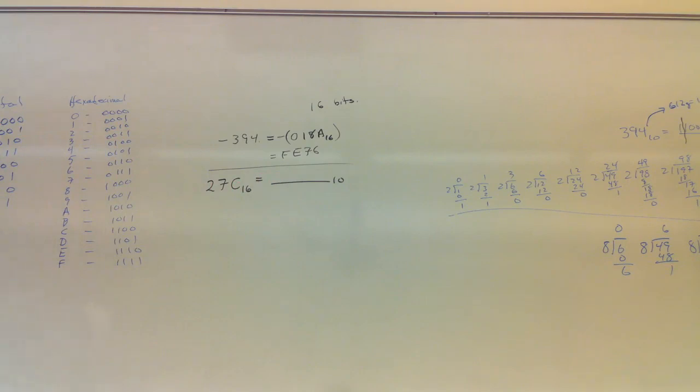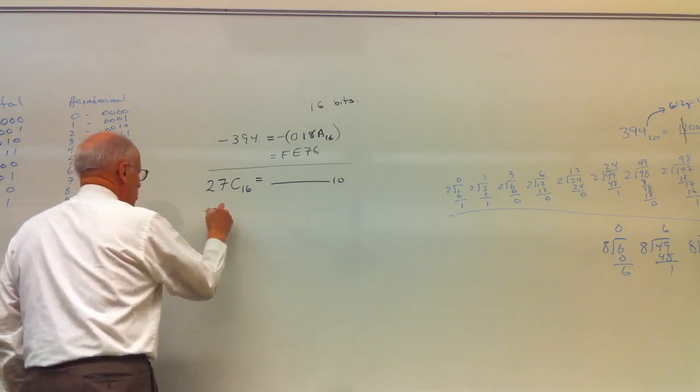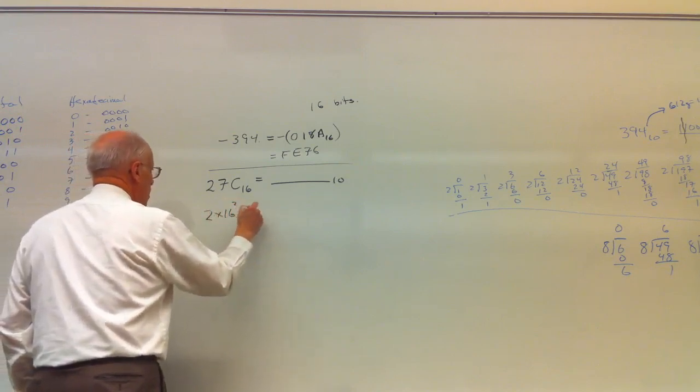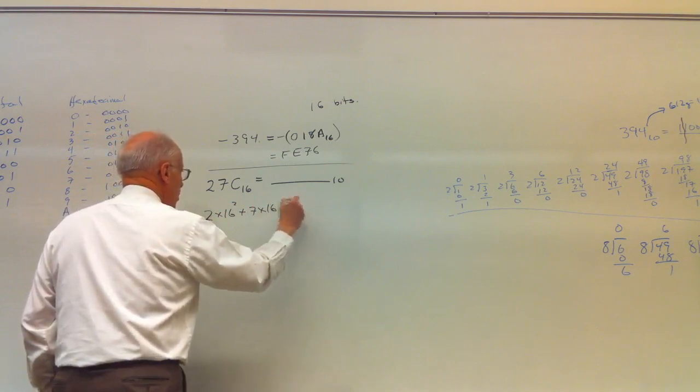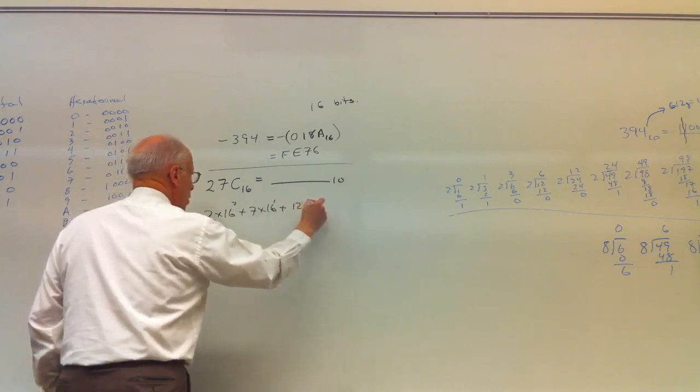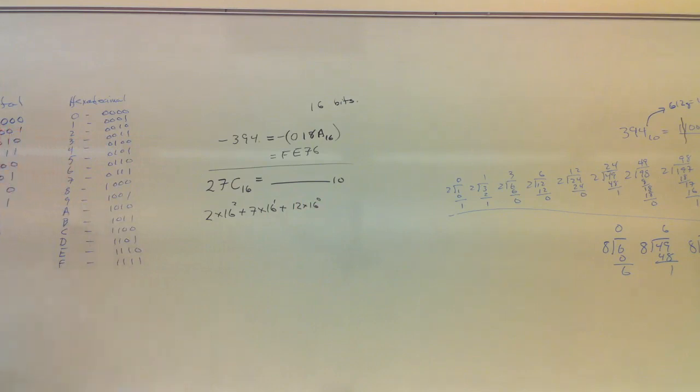The usual approach to it is this, to say, well, that's 2 times 16 squared plus 7 times 16 plus, well, if you really want to write it all the way out, it's 12 times 16 to the 0.